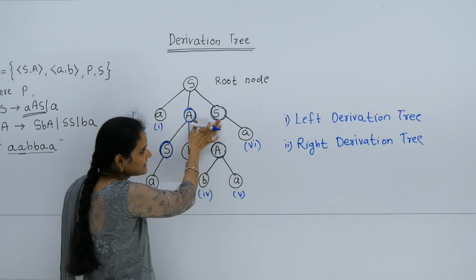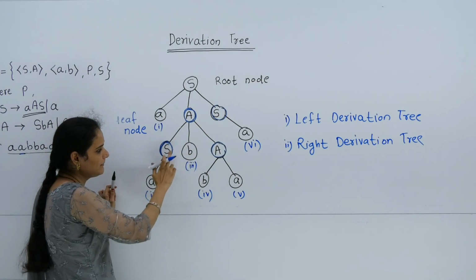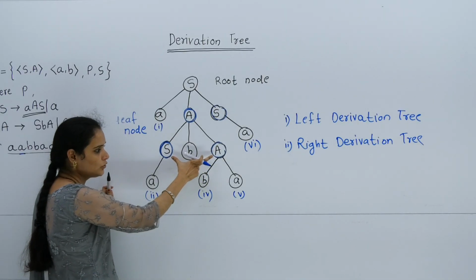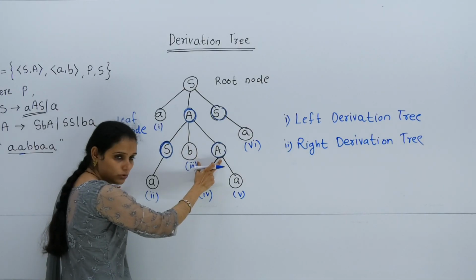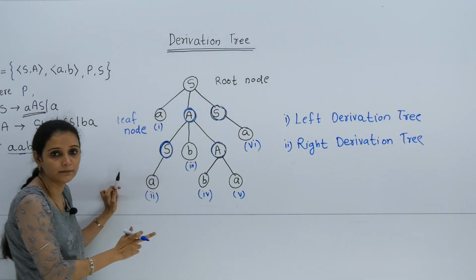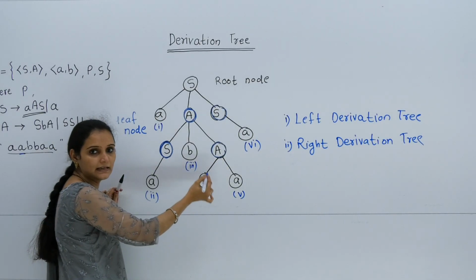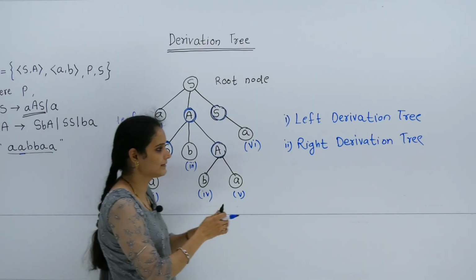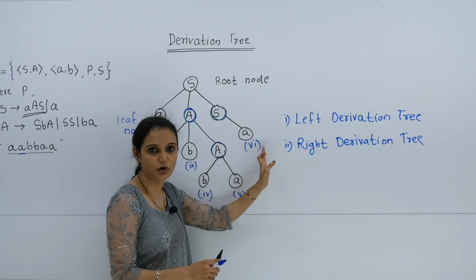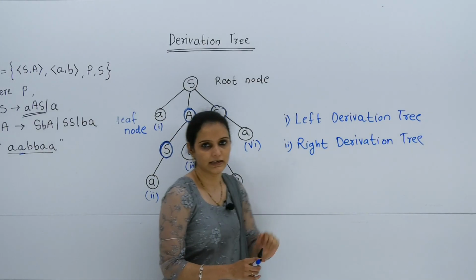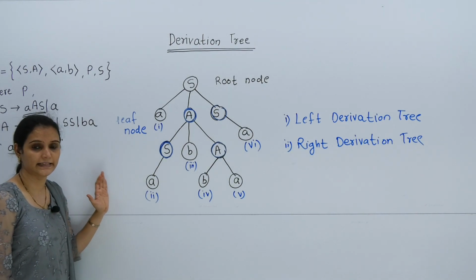After replacing that S, move towards that A. If that A is replaced by SBA, two non-terminals are there, S and A. Out of those two, again prefer the rightmost non-terminal, which is that A. So always replacing the rightmost non-terminal is nothing but the right derivation tree, and always replacing the leftmost non-terminal is nothing but the left derivation tree. So that is one example which we have seen for the derivation tree.